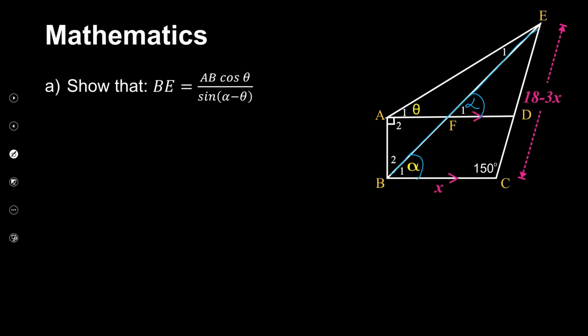we're probably going to look at BE in one of the triangles, but we need to find some other angles. We can also find the value of E1 in terms of alpha and theta, because this angle is an exterior angle of this triangle. So alpha is the exterior angle.